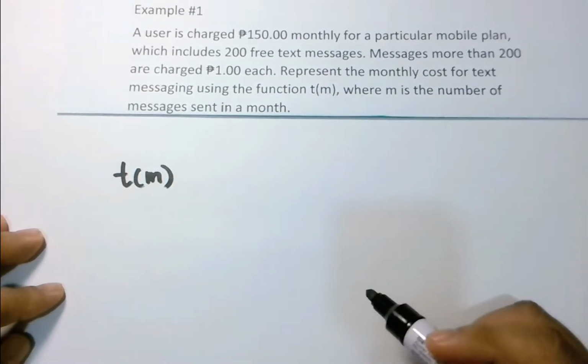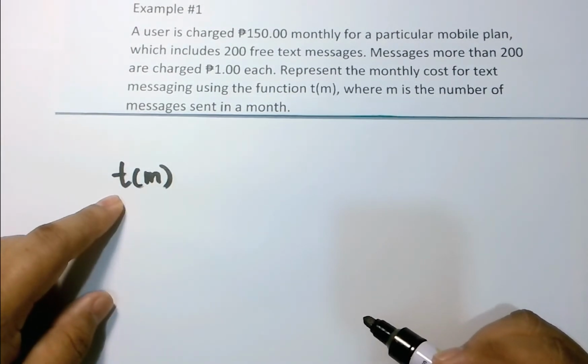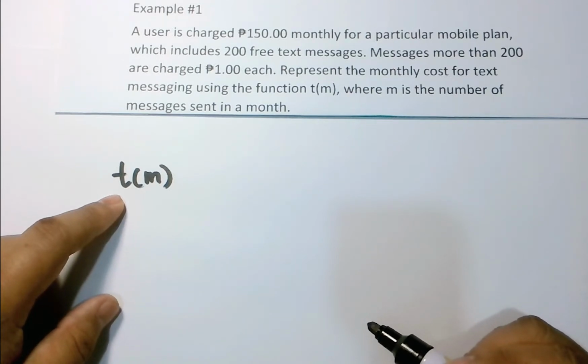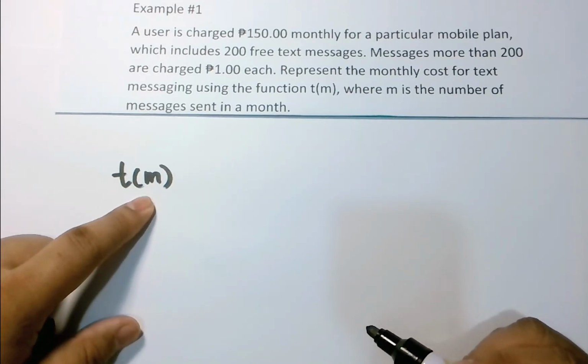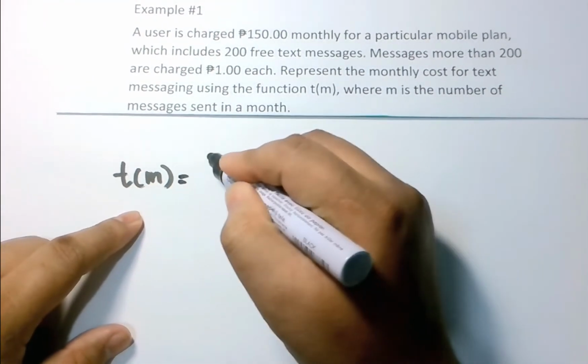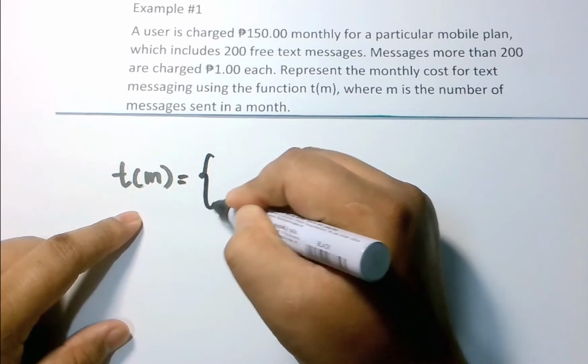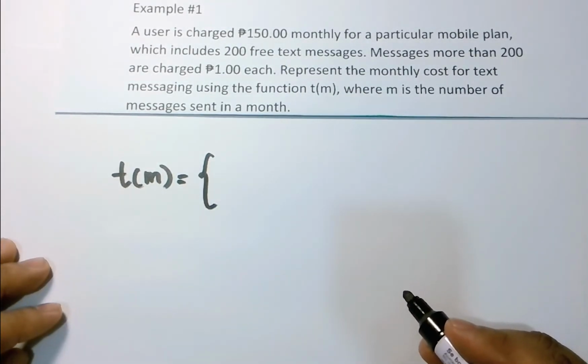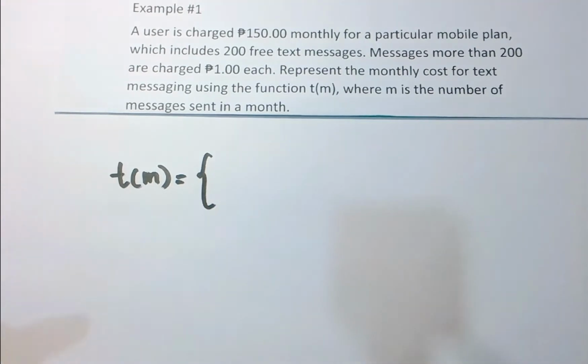So ano ba yung T of M na yan? T represents the total monthly cost for text messaging and M is the number of messages sent in a month. So mapapansin natin na sa example na to, there are two conditions. Sige, tagalogin natin.